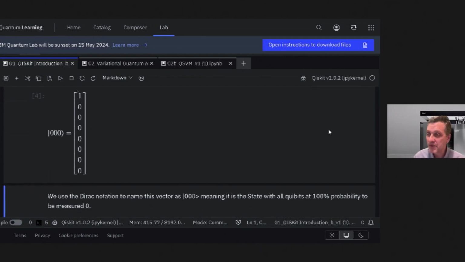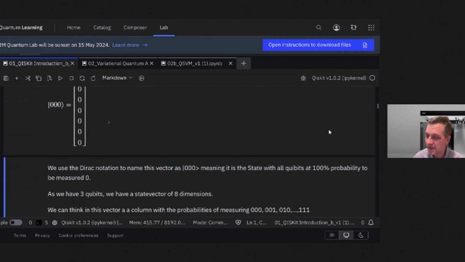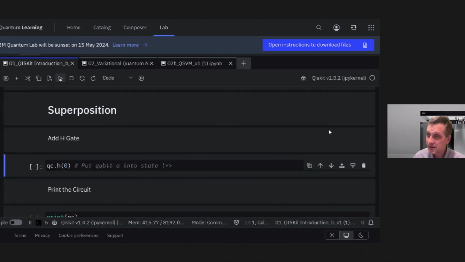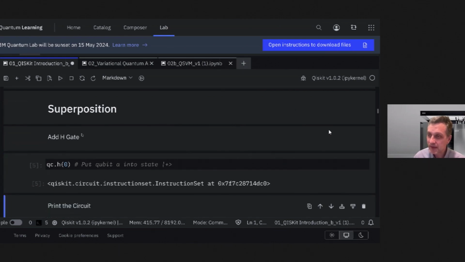Really, the probability is the square of this number, because this is a complex number with more properties inside. And what we can do with quantum computers is make superposition.